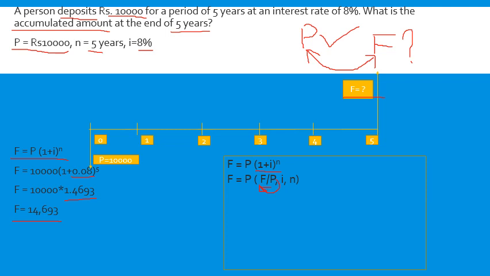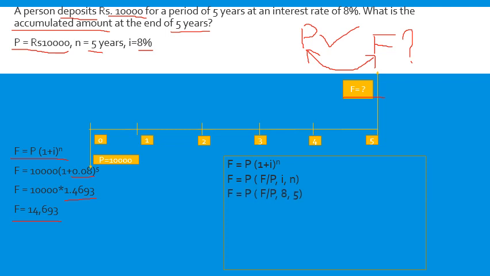So numerator is unknown, denominator is known. Please remember that point. Whenever I write F by P, see here, F is here. If P is brought to the left hand side, it becomes F by P, no? That means F is unknown, P is known. Numerator is unknown, denominator is known. So that is how F by P is written. Okay, F by P comma i comma n.